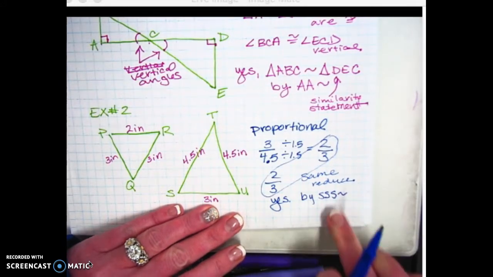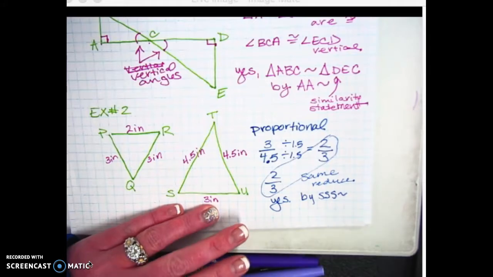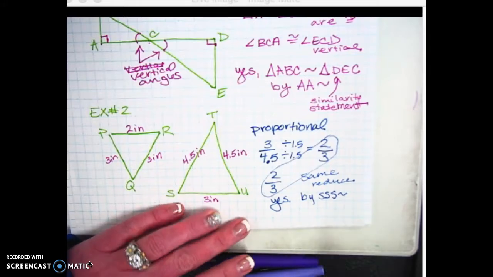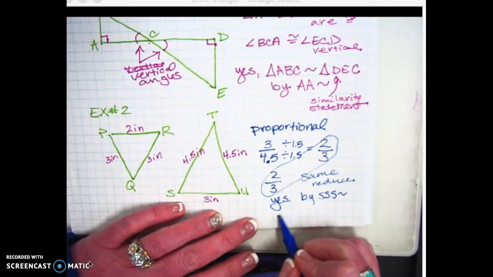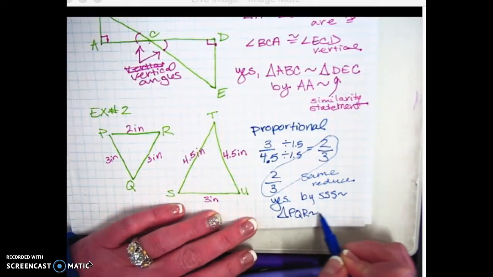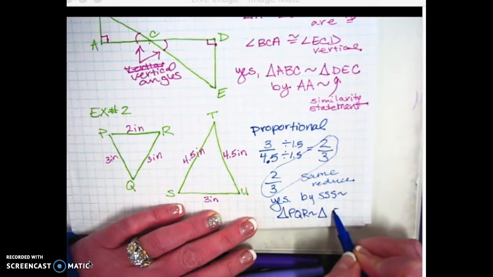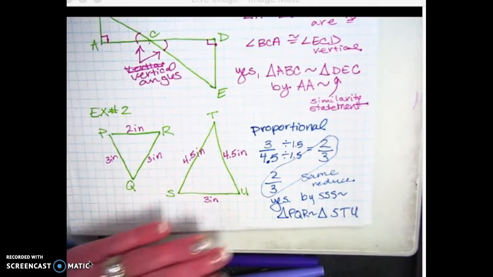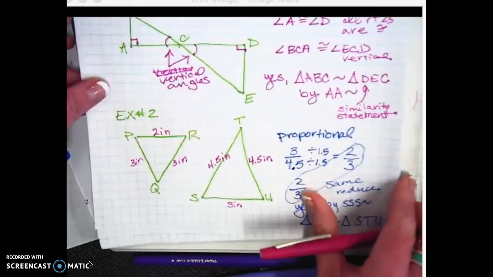Make sure you put the little similar symbol. Otherwise, it's going to look like congruence, okay? And then you'll be asked to write a similarity statement. So we'll say PQR is similar to triangle STU. All right? I'm going to move this up and see it in just a second if you're still writing.